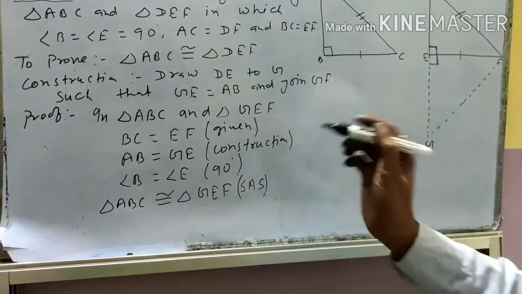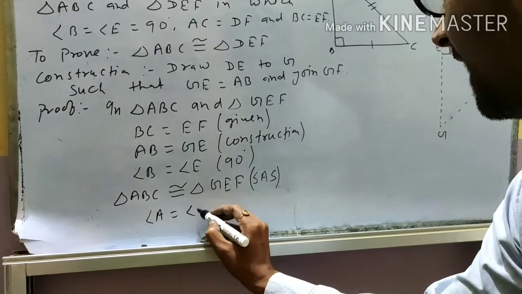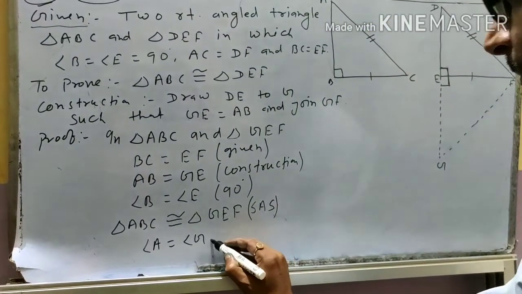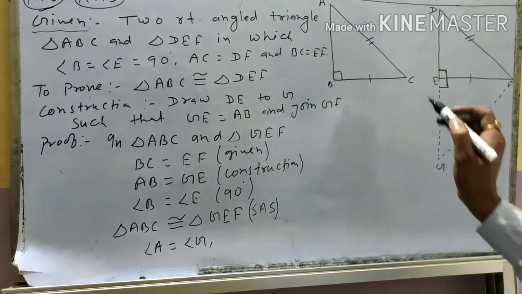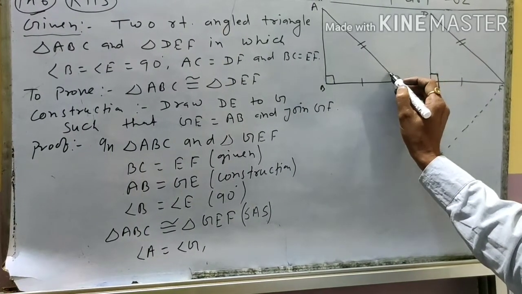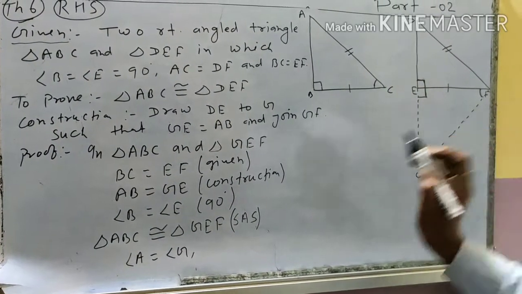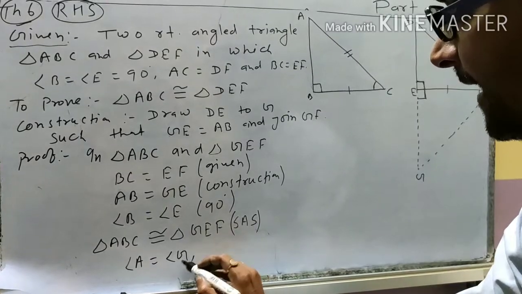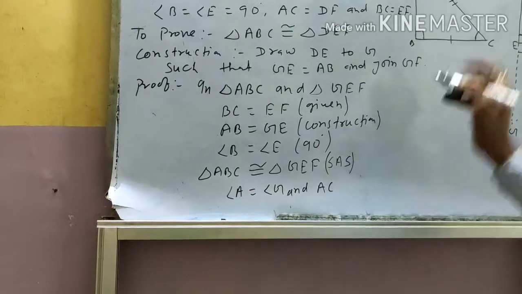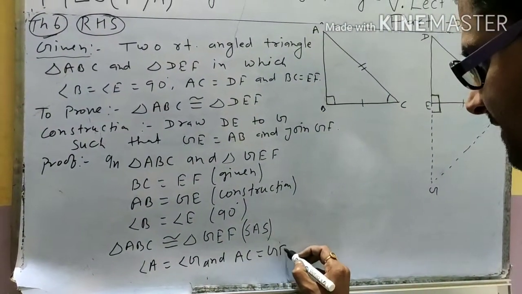By CPCT, what do we write here? Angle A is equal to angle G. First one. The second one is this angle is equal to this angle, but we can write here only angle A is equal to angle G, and AC is equal to GF.